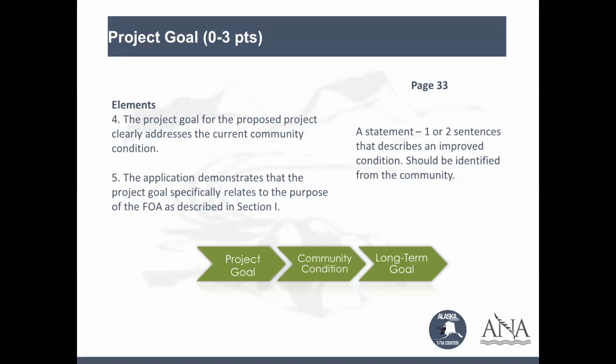The project goal should be a statement, 1, 2 sentences at most, that describes an improved condition, and it should be identified from the community. Remember, you're moving towards reducing the current community condition and obtaining the long-term goal.